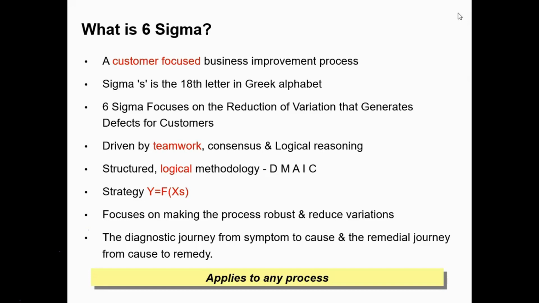But when we talk about Six Sigma, because Six Sigma is an improvement technique, if I want to improve my processes, then the priority is my customer focused processes. So first of all, I will improve my customer focused processes. Then I will maybe focus on my internal processes. Okay. That is one important thing, that Six Sigma is always a customer centric process.